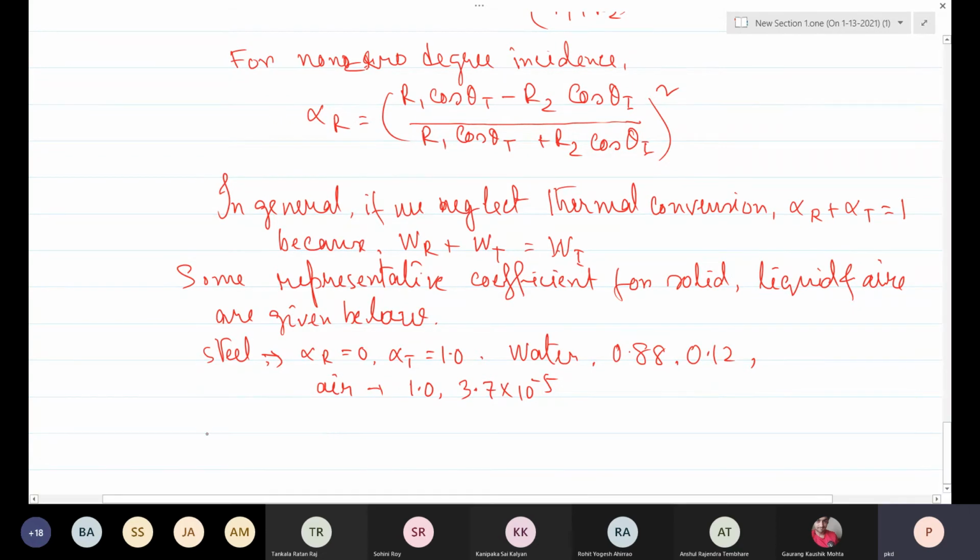So we can express the reflected energy in terms of transmitted energy in an exponential form.